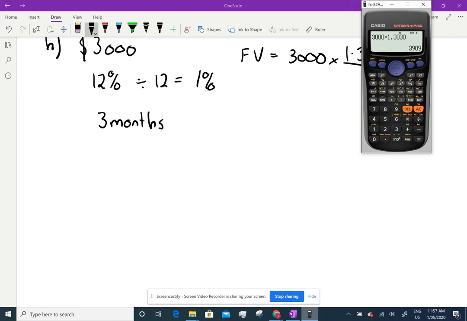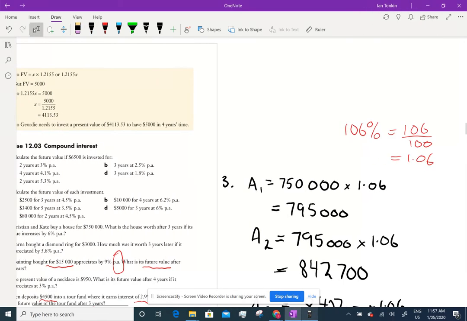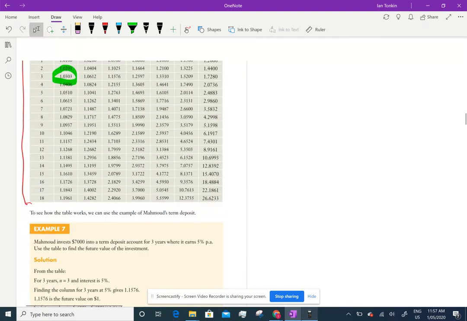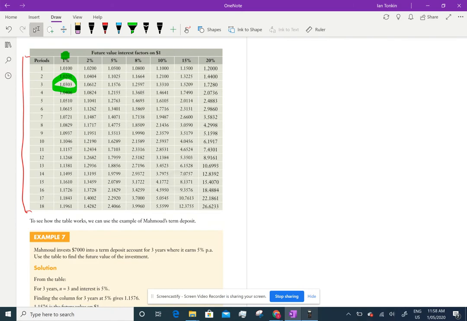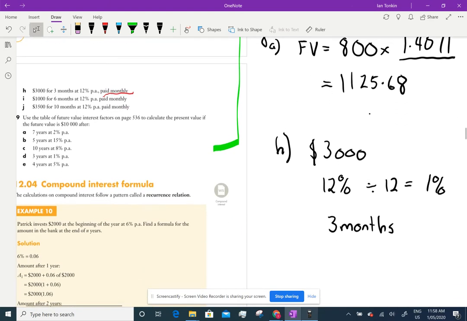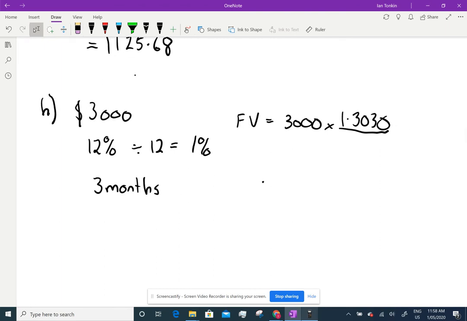And what are we doing, H? Yep, there's the right answer. Hold on, I must have written the wrong number down again. That's why I hate using these tables, because I've got to go back. Goodness me. 1.0303.